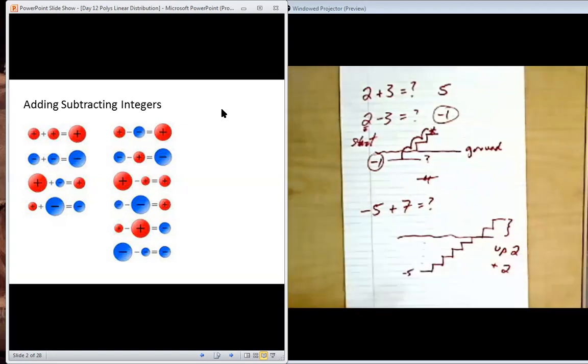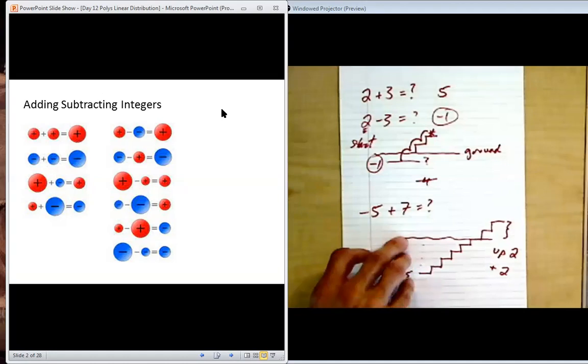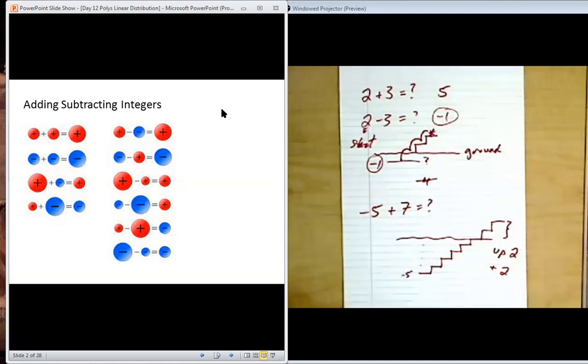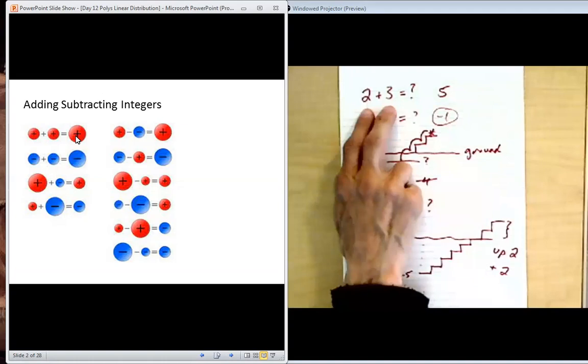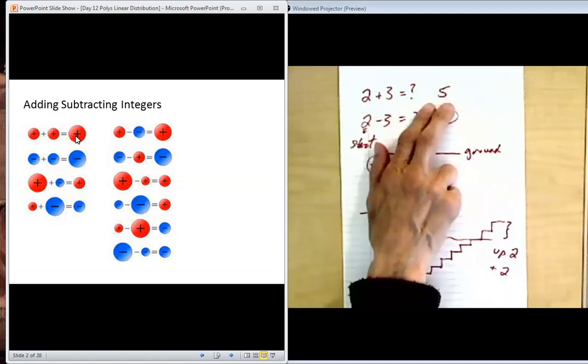Not bad. Now, what you see on the screen might help. These are different situations that can come up. The first one in red, you're adding two positive numbers together. What's going to happen? You get a bigger positive number. 2 and 3, you get a bigger positive there at 5, right?